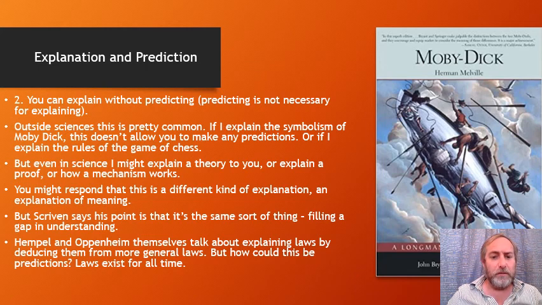Okay, so you might worry, wait, are we still talking about the same kind of explanation? Especially with Moby Dick symbolism, that's sort of an explanation of the meaning of something. Maybe that's not the same as scientific explanation, but Scriven wants to say, yes, actually it is. What you're doing is filling a gap in understanding, and that's, for Scriven, what explanation counts as. So me explaining Moby Dick is filling a gap in your understanding, and that's explanation.